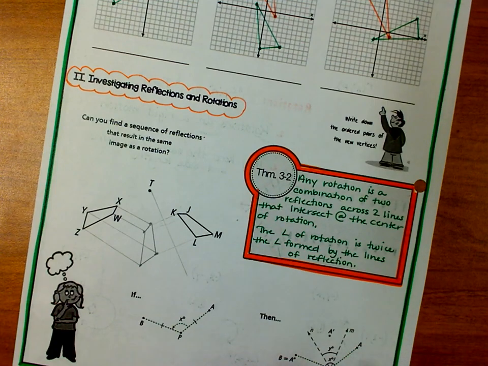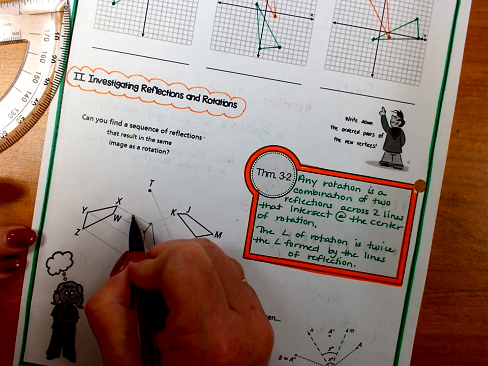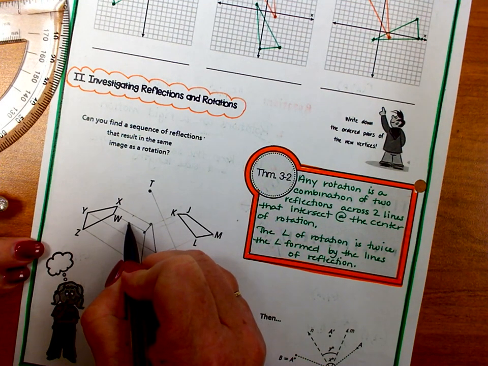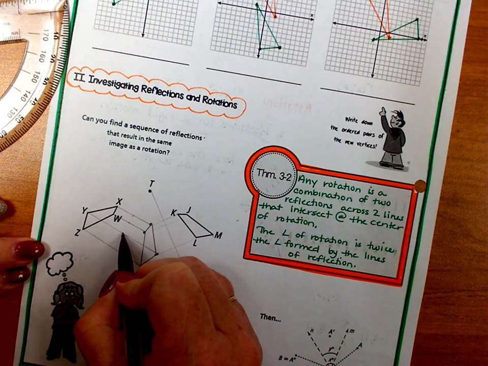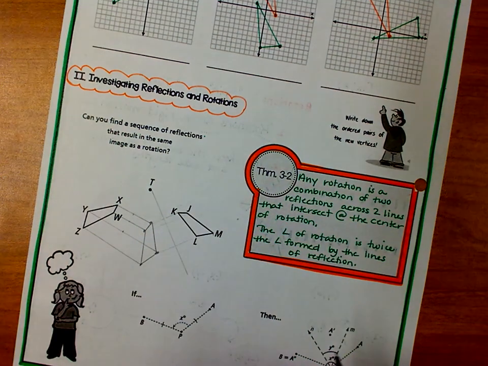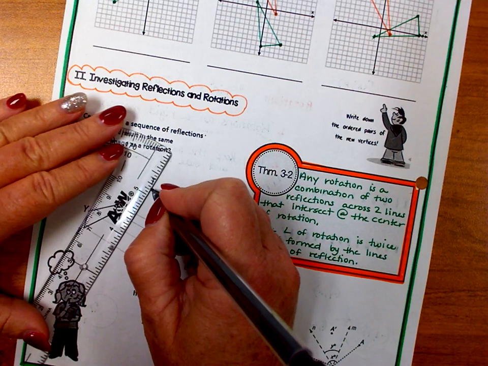Okay, and then we're going to figure out where the midpoints are. So right here, right here, right here. So it looks like we're going to have a line of reflection that goes right through there.